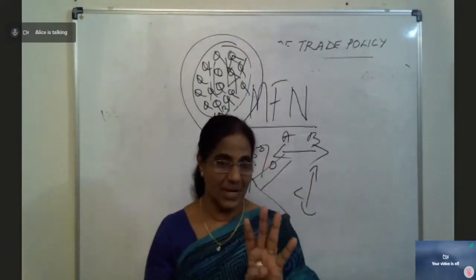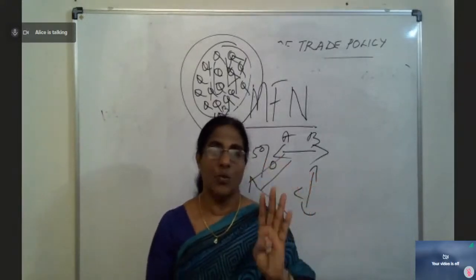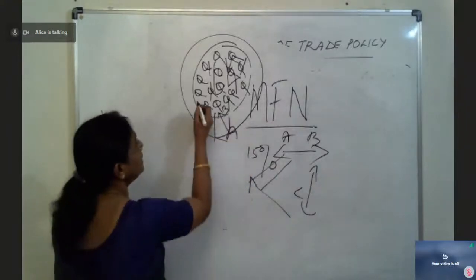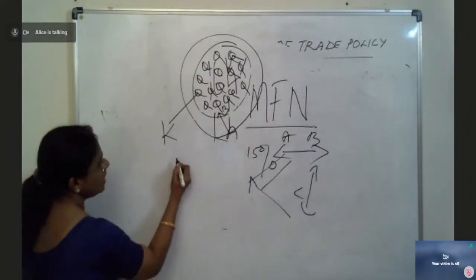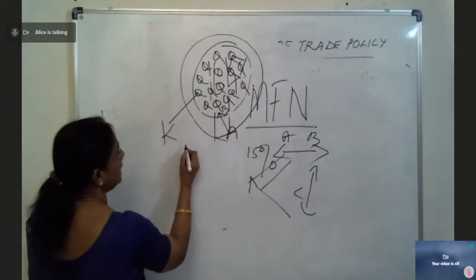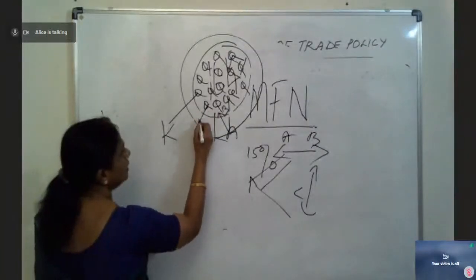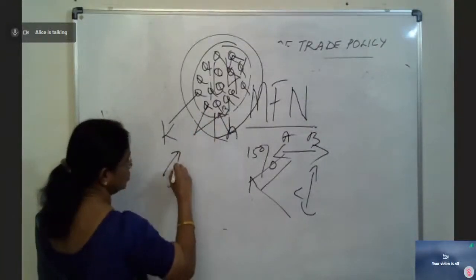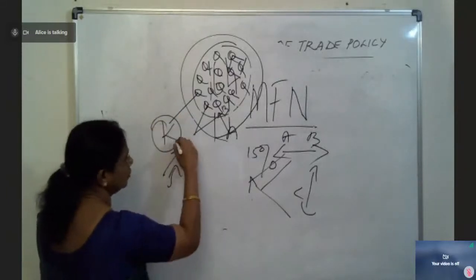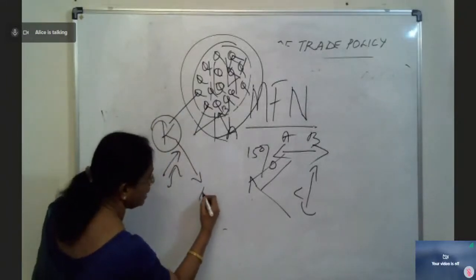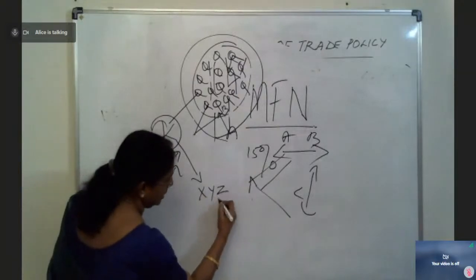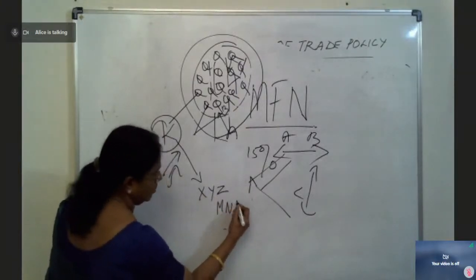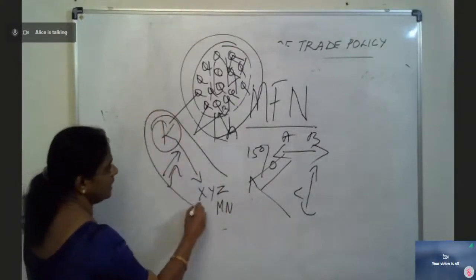But there is an exception. After this exception, I will give you a break. What is the exception? You find that country K has entered into a free trade agreement with many other countries: X, Y, Z, M, N. Okay, there is a free trade agreement.